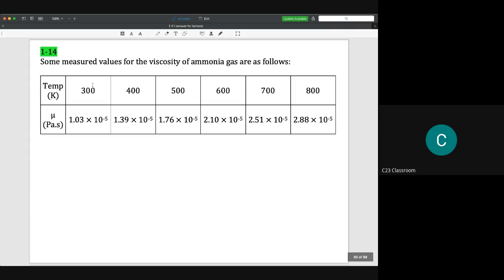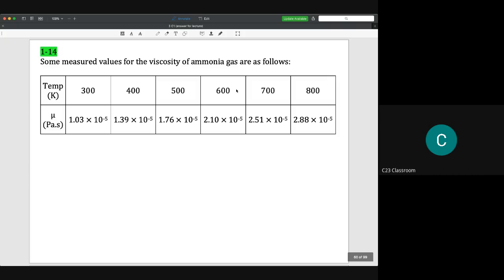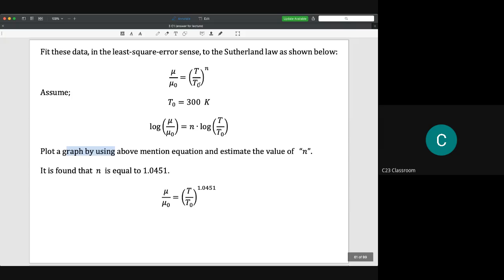If you have a set of data, normally we pick our own T naught, normally the lowest one, so we get 300 K. Then we substitute and estimate the value of n.